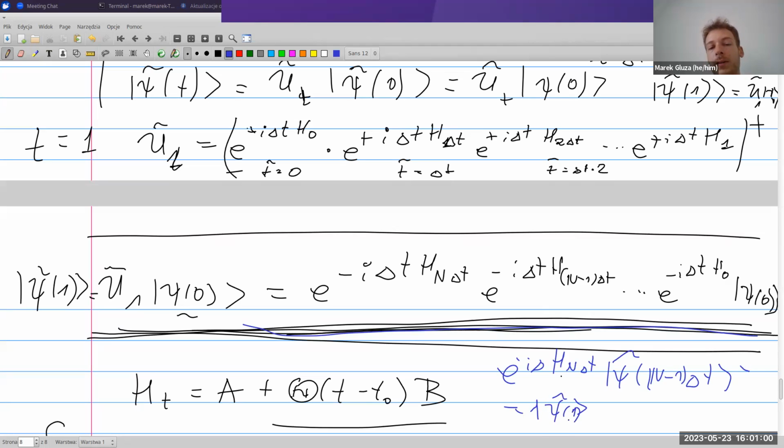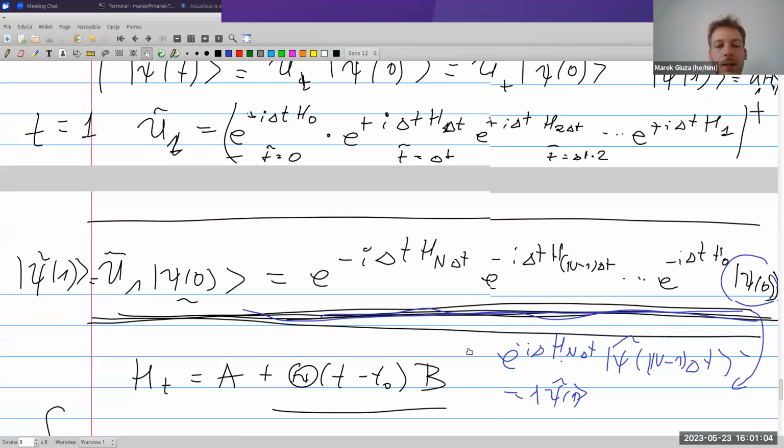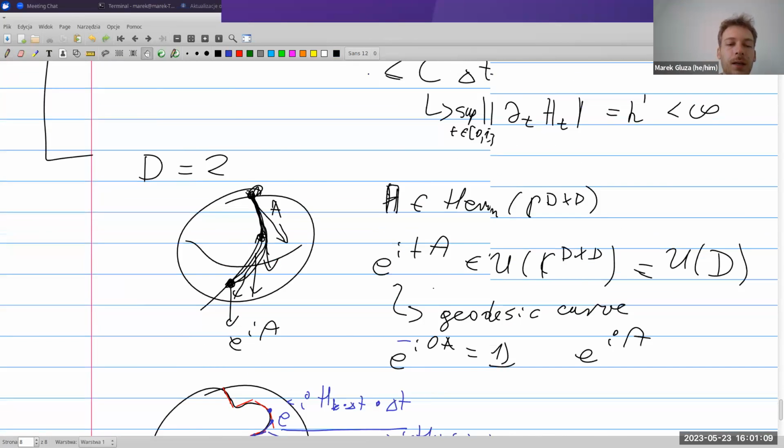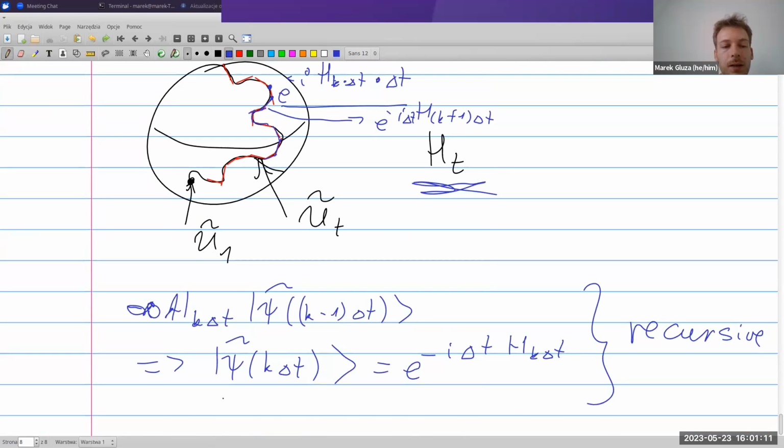So I just spell it out and bring it to the initial point, the initial condition of the recursion. So we have this recursion here with psi of 0 being our true initial state.